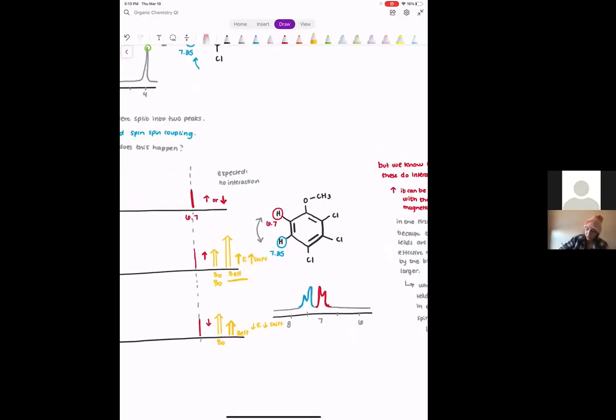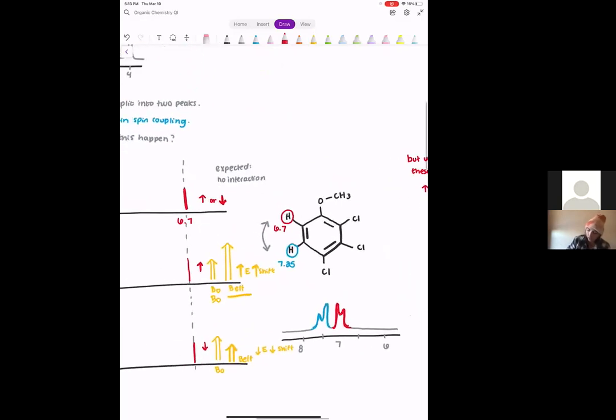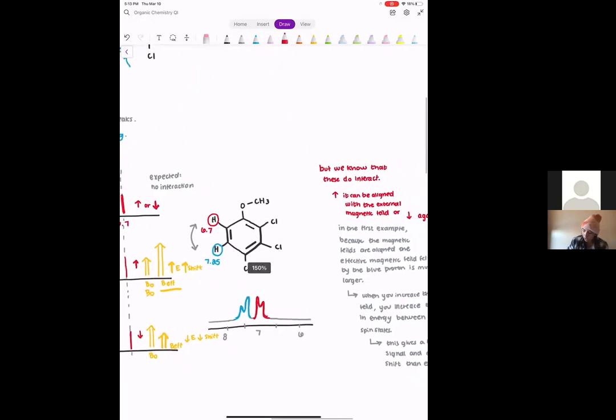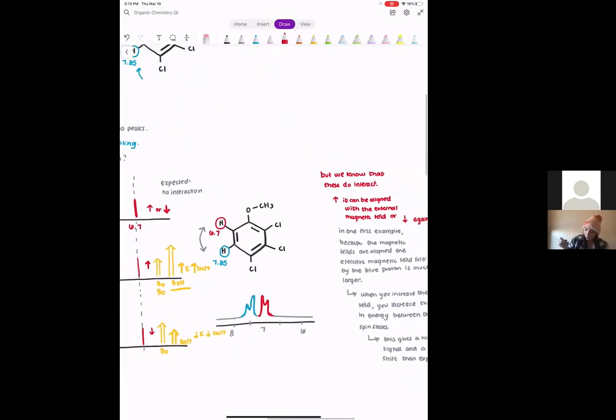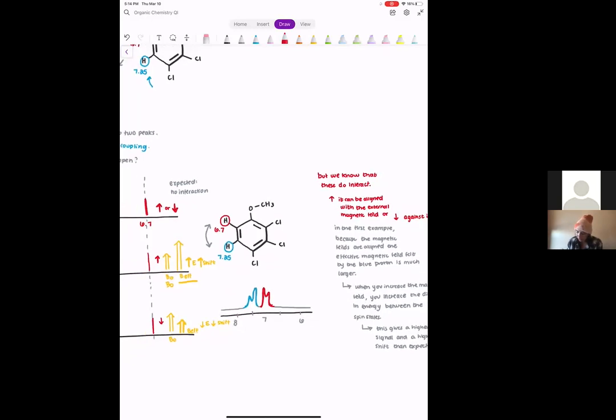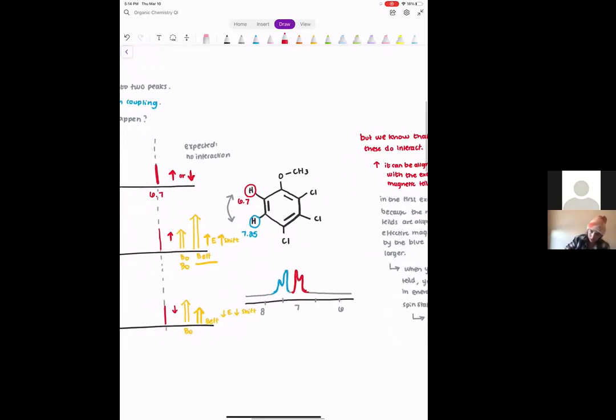So if we start with this red hydrogen, we know that it can be aligned with the external magnetic field or against the external magnetic field. So up or down.